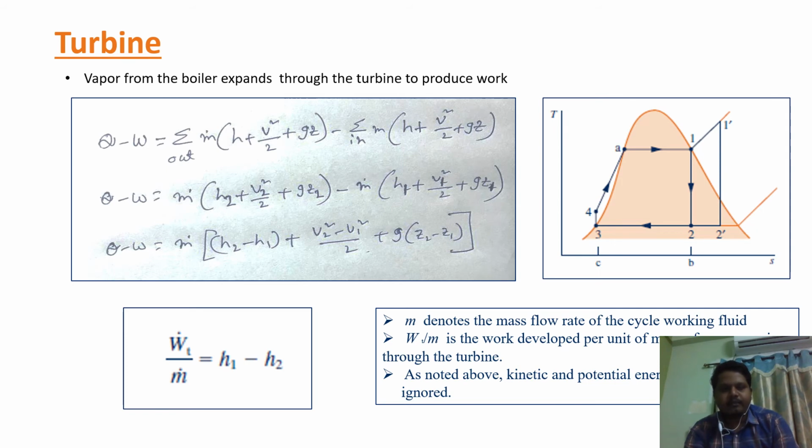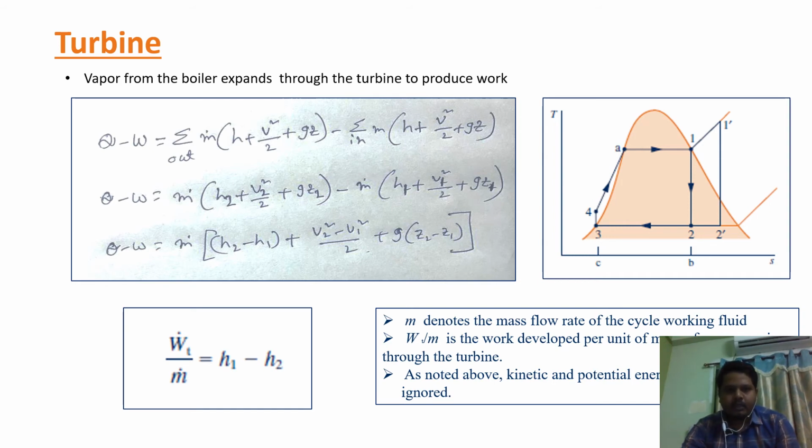So when we apply the first law to an open system, what is the equation? This we already know from the first law: heat minus work equals the net change in energy, energy at outlet minus energy at inlet of the turbine. Here we have to consider the enthalpy, kinetic energy and potential energy at the outlet as well as the inlet.